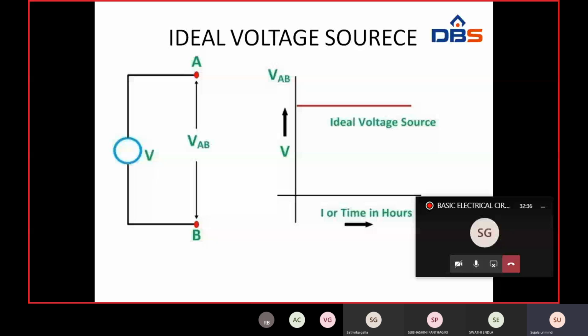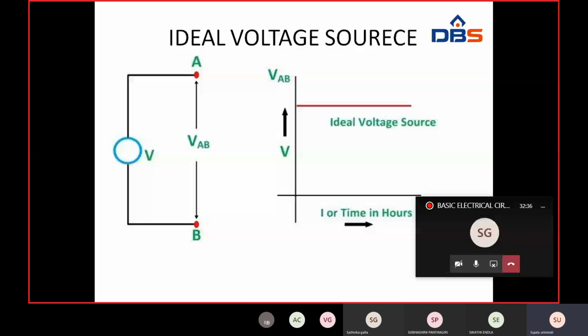In the practical case, there is an internal resistance. Due to that internal resistance, whatever the current is, there is a little drop in the voltage. Otherwise it would be maintained constant, but due to the internal resistance there is a slight drop in voltage, so it is called a practical voltage source.